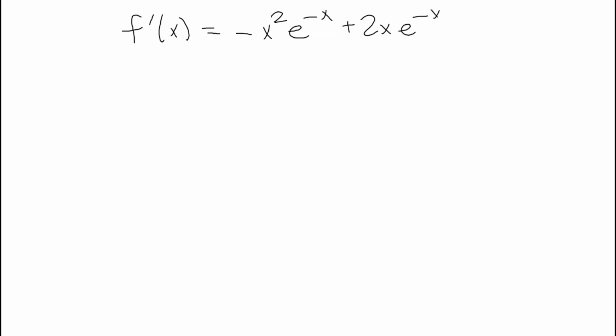I guess the factored form would have been better. So let's go back and fix that. It was x e to the negative x times negative x plus 2.